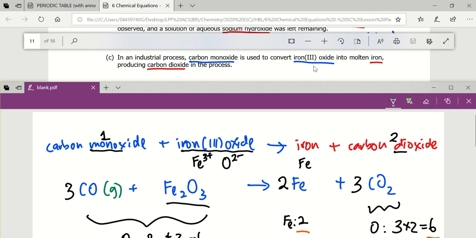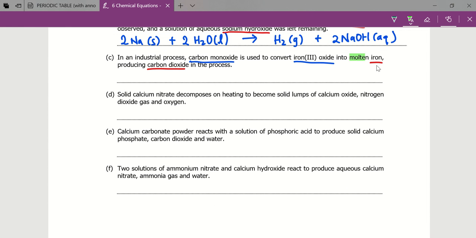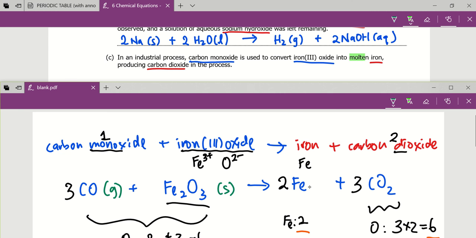Iron 3 oxide is actually the iron ore that is used to mine iron from. It is a solid. We are obtaining molten iron, so we would end up getting liquid here, and then for carbon dioxide it is a gas. So this is our balanced equation with state symbols.